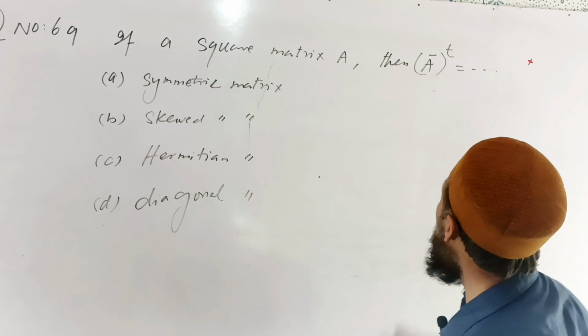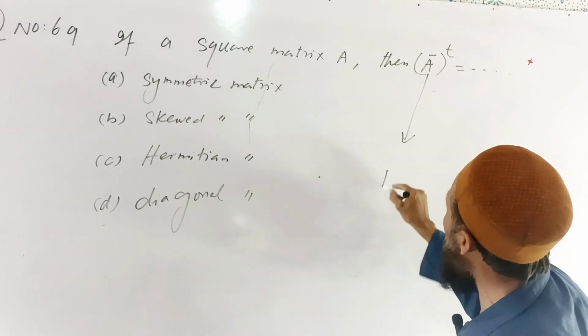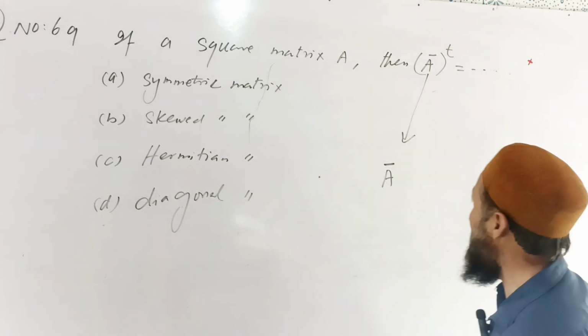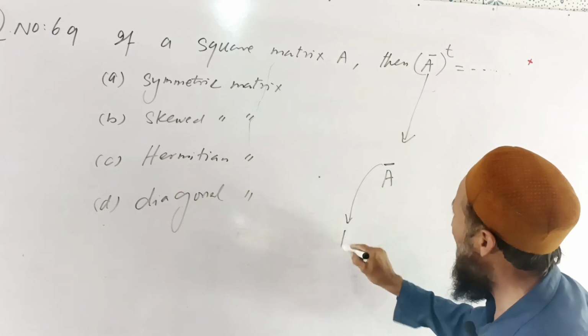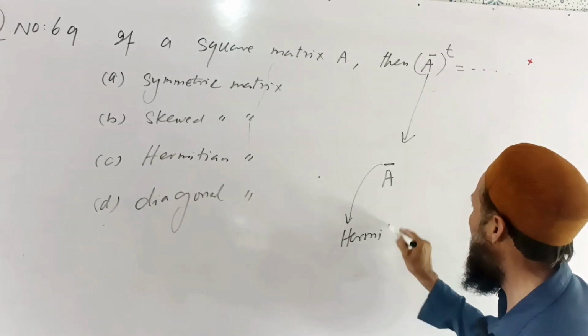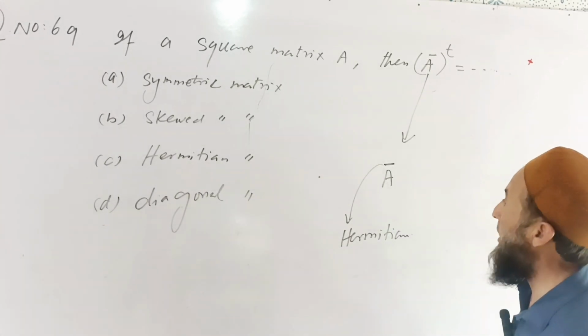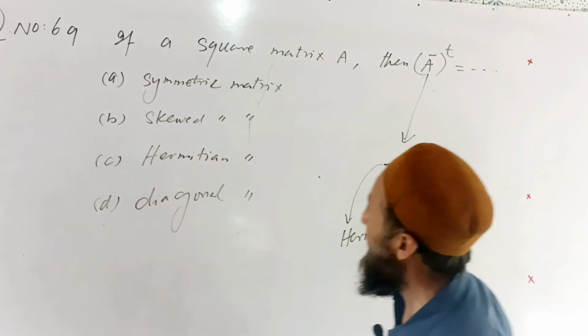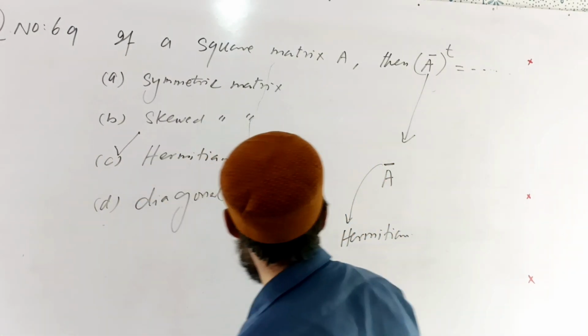So now, according to this definition here, A dash represents a Hermitian matrix. So the result is here we use Hermitian matrix.